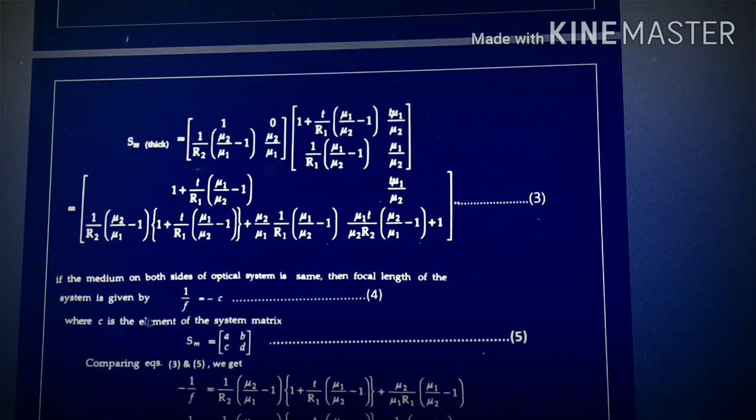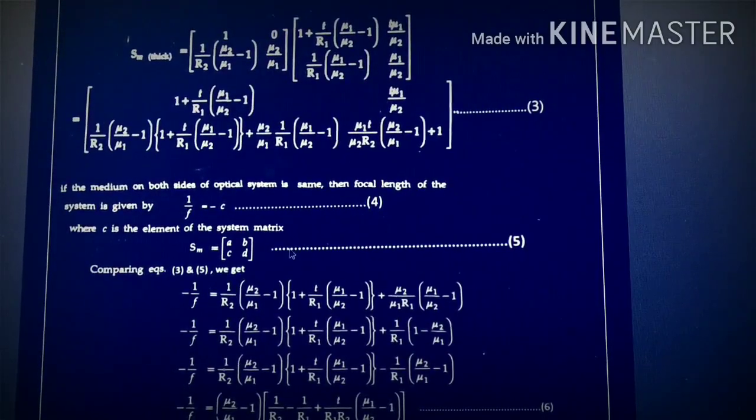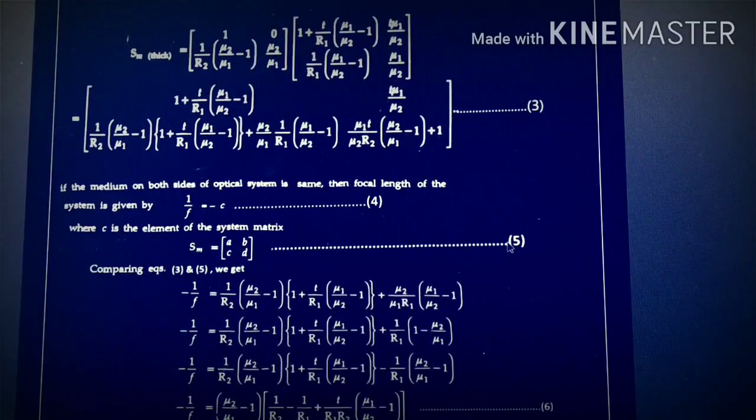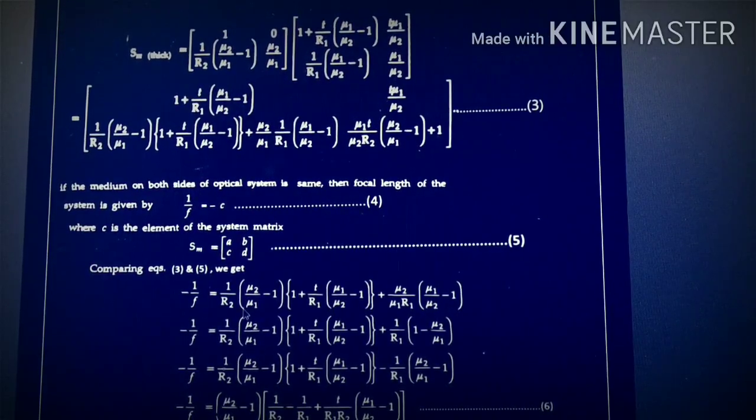So the focal length of the system is given by 1 by f equal to minus c, where c is an element of the system matrix a, b, c, d. Equating this with the third equation, we get the value of c. So the c value is minus 1 by f.